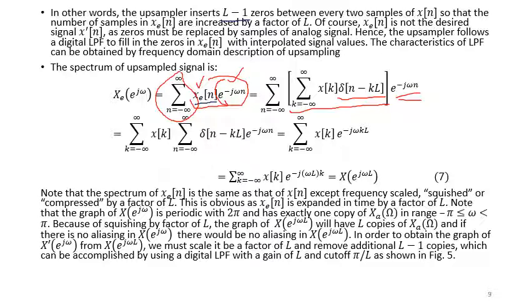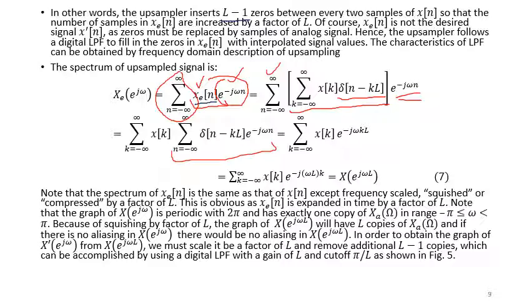So interchanging the summation, we can take this out: summation k running from minus infinity to infinity of x of k, followed by this expression. So we have this.